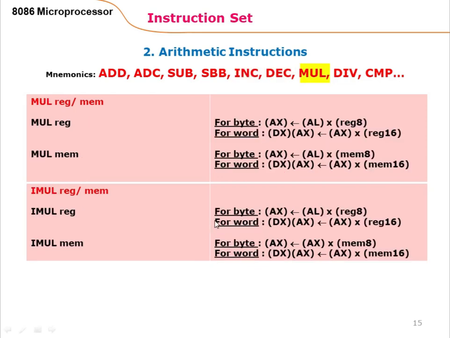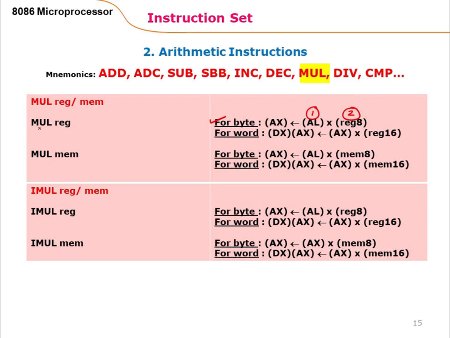Next arithmetic instruction is the multiplication instruction. We use MUL, register or memory. So here we require 2 operands. One operand is by default taken as AL or AX. So when we are operating byte multiplication, the AL register is the first operand, or the default operand, and the register given value is acting as the second operand.